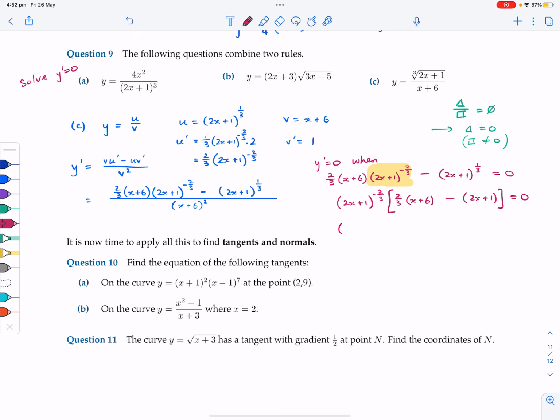Okay, so we continue. 2x plus 1 to the negative 2/3. Now I'm going to take out a factor of 1/3 here. And that gives me 2 lots of x plus 6 minus 3 lots of 2x plus 1 equals 0.